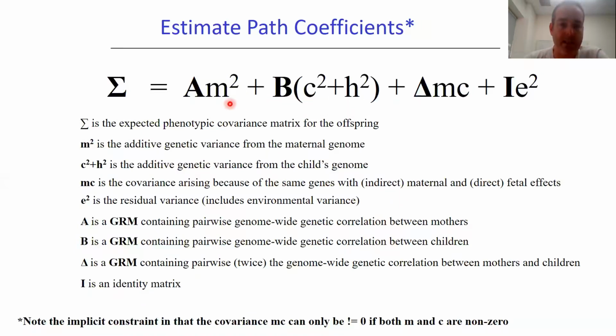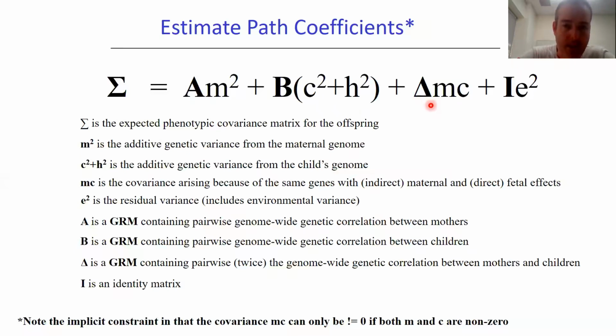Because if there's no maternal genetic effects, then you can't possibly have a genetic covariance between maternal and child effects. So if M is 0, then under this formulation, the covariance has got to be 0 as well. So that's a nice property of the model.